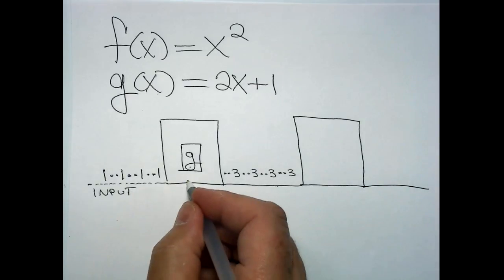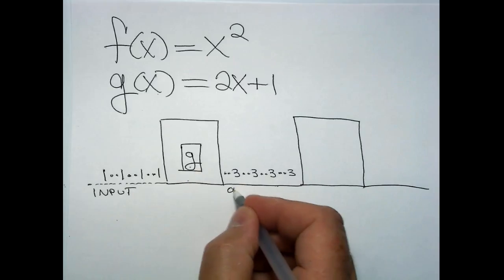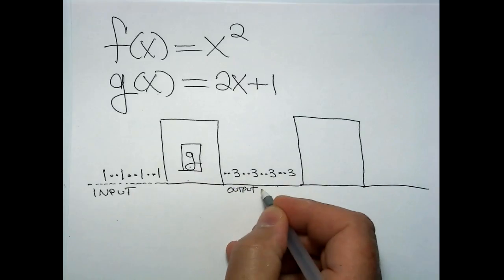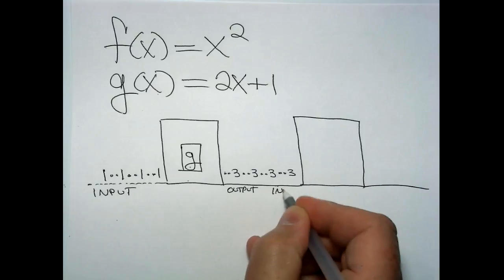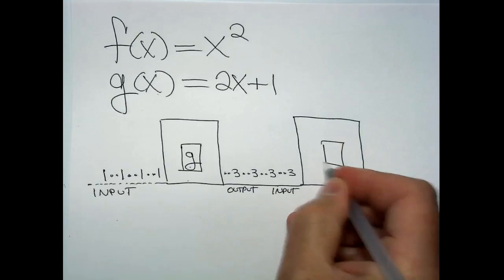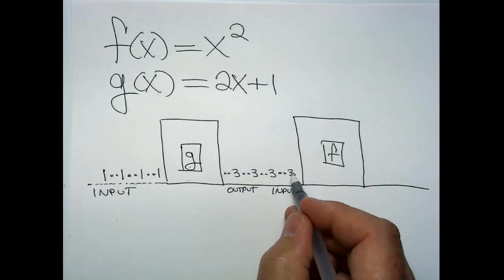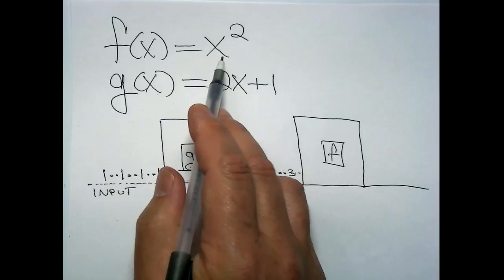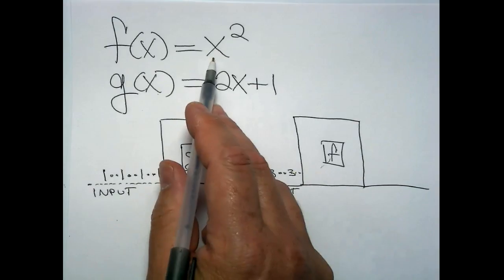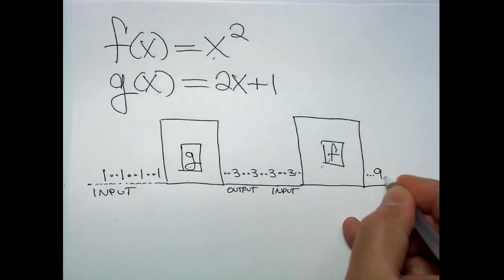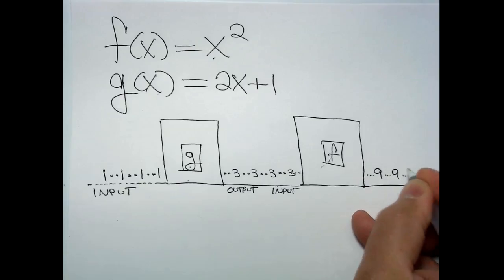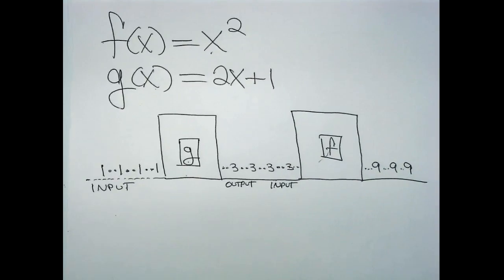Now, the input goes into g. What comes out is output, but we can rename it input because it's landing on the f function. So 3 goes inside the f function, and what comes outside? So 3 goes in, and a 9 comes out. Let's try that one more time.